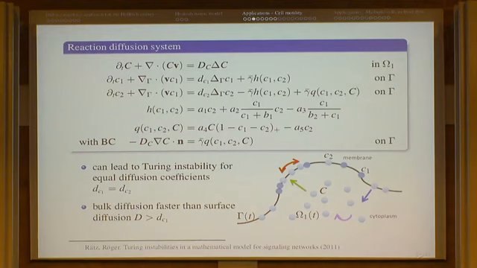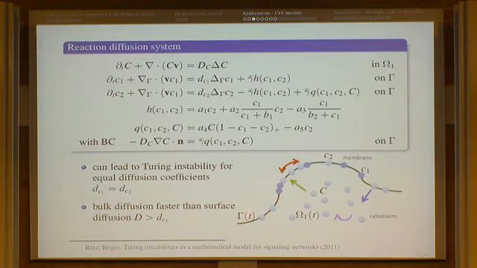What is nice is that this model leads to Turing type instabilities for equal diffusion coefficients. And of course, we assume the bulk diffusion to be faster than the surface diffusion. This model we found in a paper by Ritz and Röger.